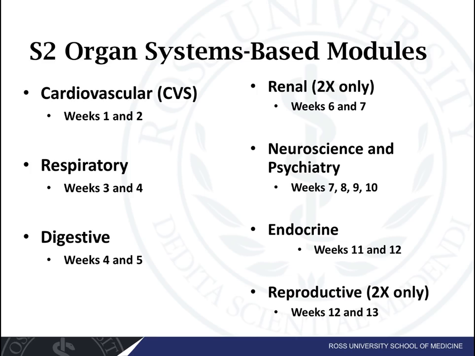Regardless of which track you take, you'll be taking all of those modules. If you're taking the accelerated track, you will add to those modules the renal module and the reproductive module. If you're on the curriculum track, the renal module and the reproductive module will be next semester, not this semester.